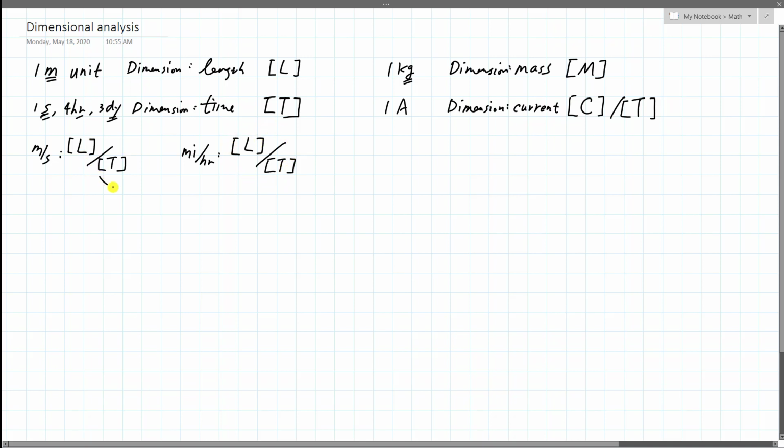So this means these two, although they're not exactly equal to each other, can be converted into each other because they have the same dimensionality. So you can convert a certain amount of miles per hour into another amount of meters per second. You can even add them together if you want. As long as you convert them into a common unit, you can numerically add the values, right?